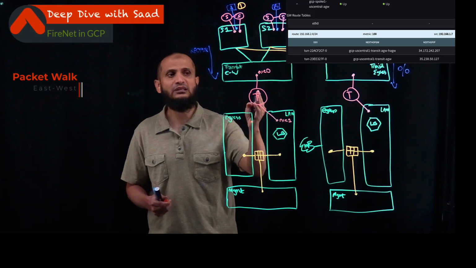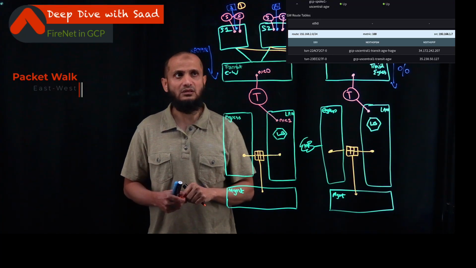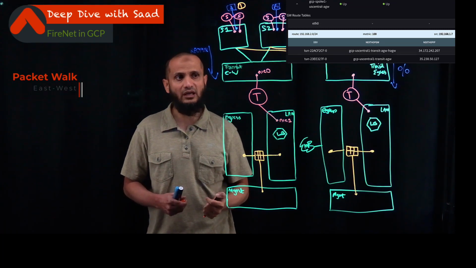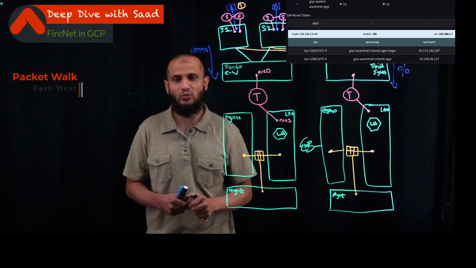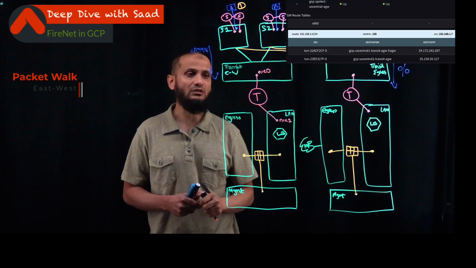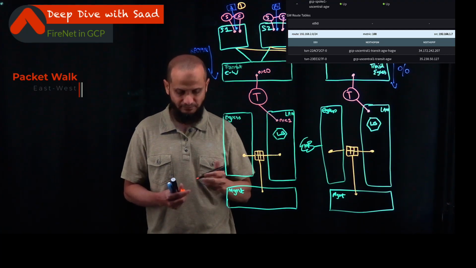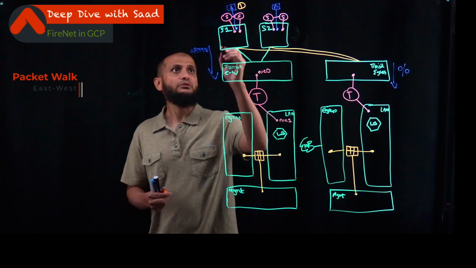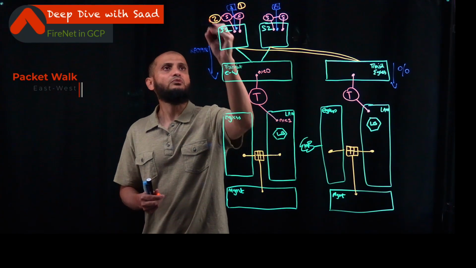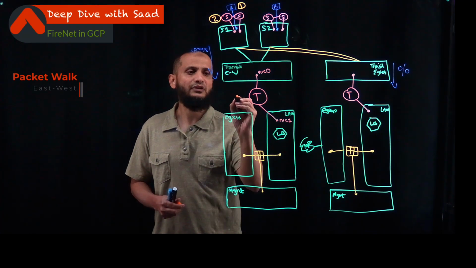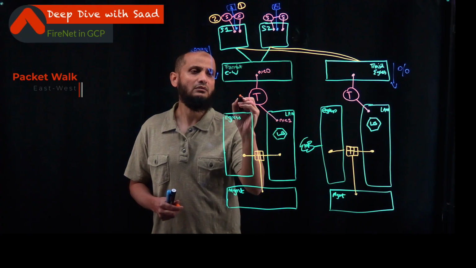Now, there are 2 transit gateways, so it can hash it out and figure out which transit gateway it needs to send the traffic to. Let's say it will send the traffic to transit gateway 1. So, number 2, we are going to send the traffic to transit gateway 1.